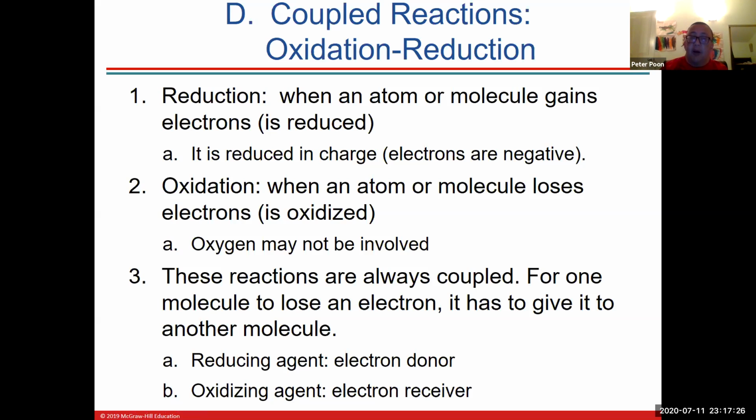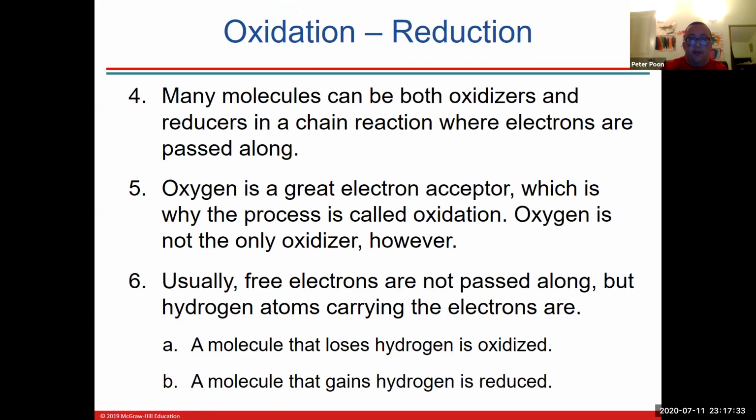These reactions are always coupled, so you reduce something by oxidizing something else. Many molecules can be both oxidizers and reducers in a chain reaction. So I oxidize something, something else oxidizes me, and I'm reduced in the process.